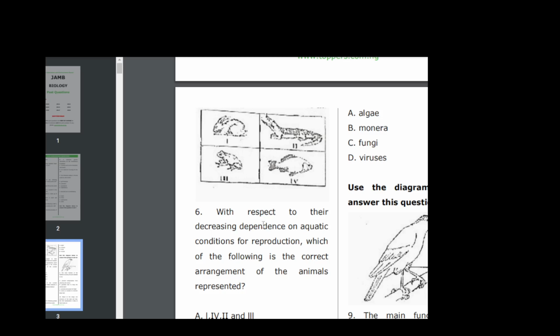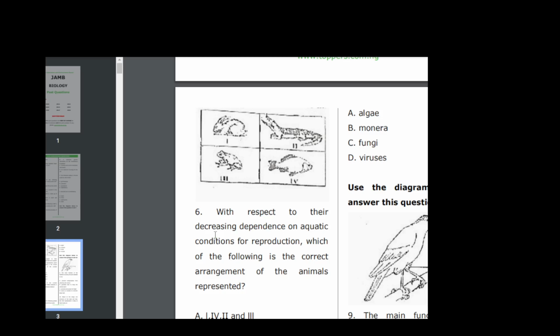Are we together? So when the question is asking us to list in decreasing dependency on aquatic conditions, that means we want to start from the one that mostly depends on aquatic conditions.